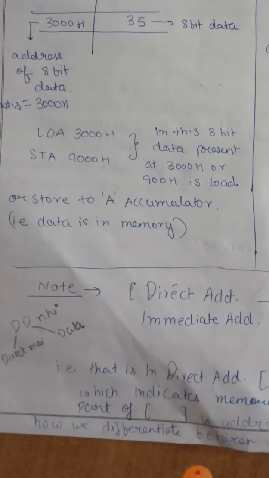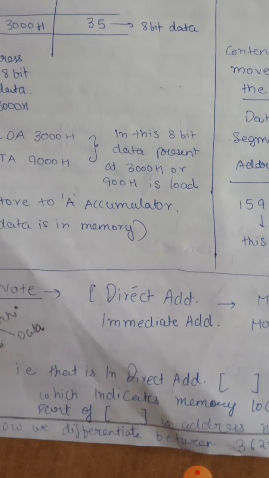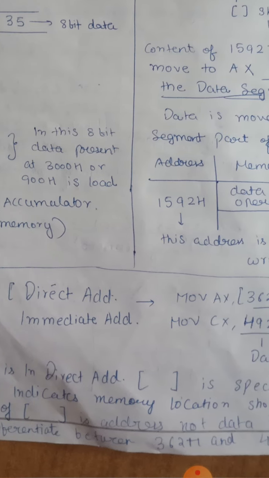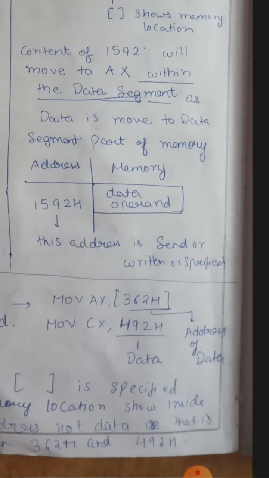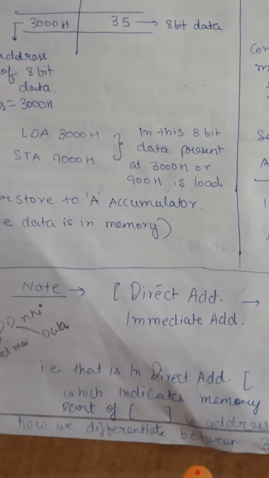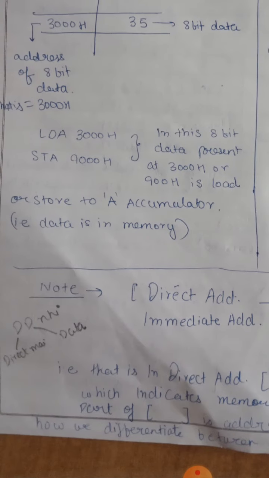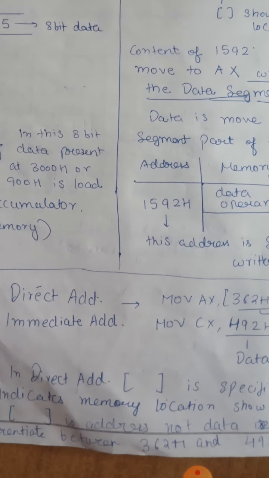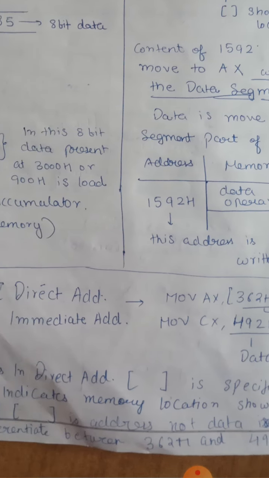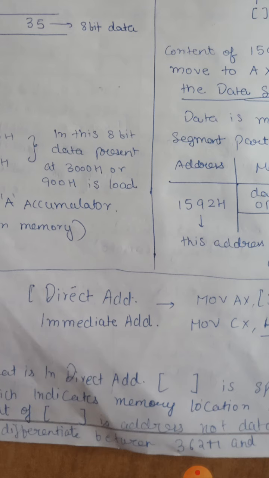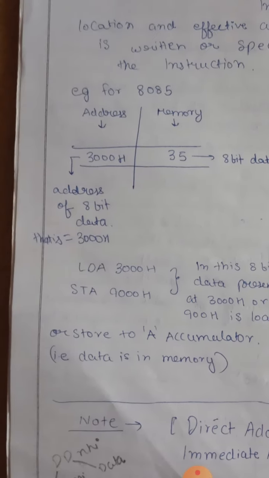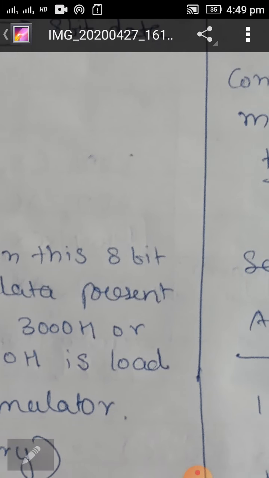In direct addressing, the bracket indicates a memory location; what is inside the bracket is the address and not the data. That is how we differentiate between direct and immediate addressing. Now we have completed direct addressing.